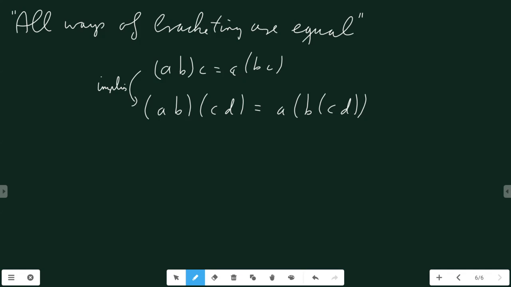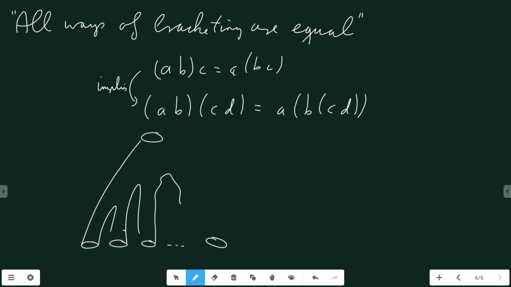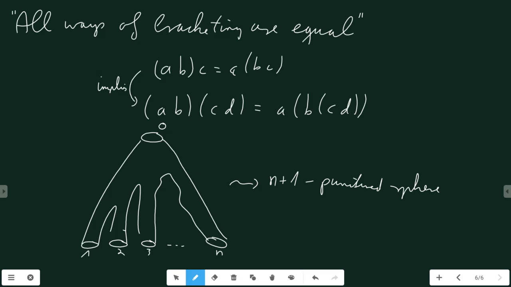So what I have to observe is just the following. If I draw something with a certain number of circles here and something on the top, and I do anything crazy in between, whatever it is, this is always just, let me give this a name, so 1, 2, 3, 4, 5, this is always just an n plus 1 punctured sphere.